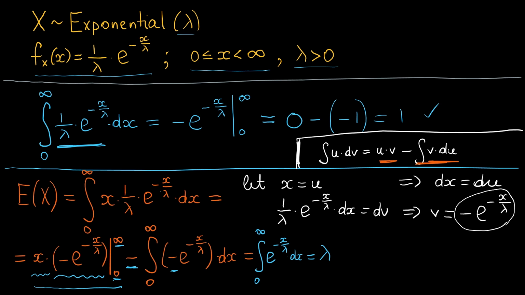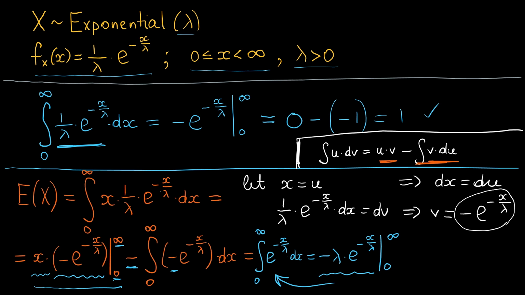So what do we get? I think we're going to get lambda, but we'll need a negative sign in there too. So we need a minus lambda times e to the power of minus x over lambda, evaluated from 0 to infinity. Does that look right? When we take the derivative of this, do we get this expression?